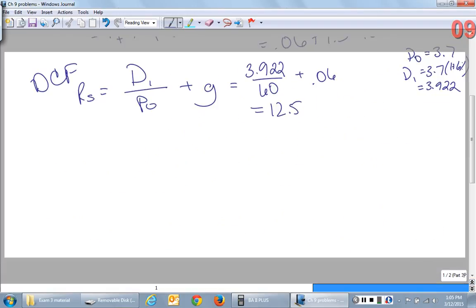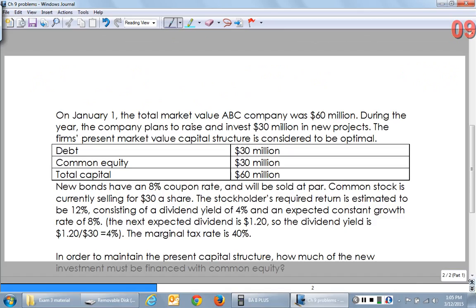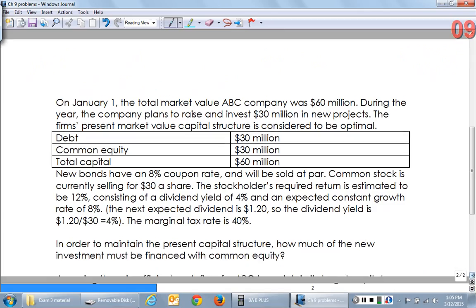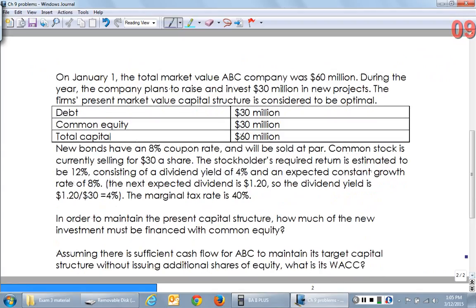So number 2 asks, on January 1st, the market value of ABC was $60 million. During the year, the company plans to raise and invest $30 million into new projects.